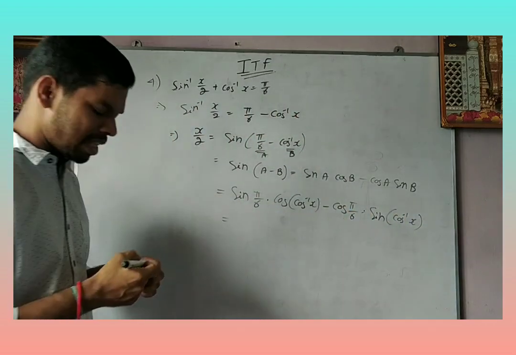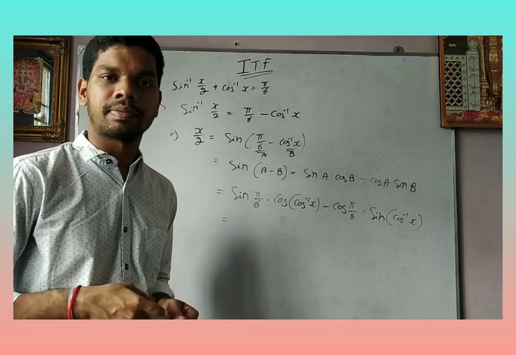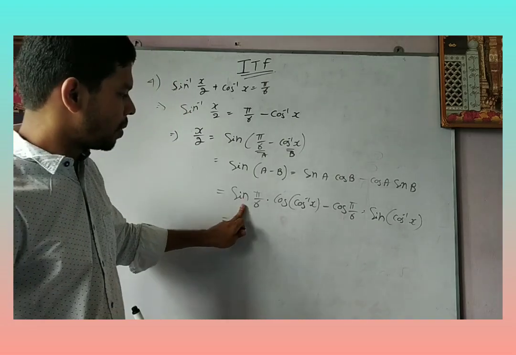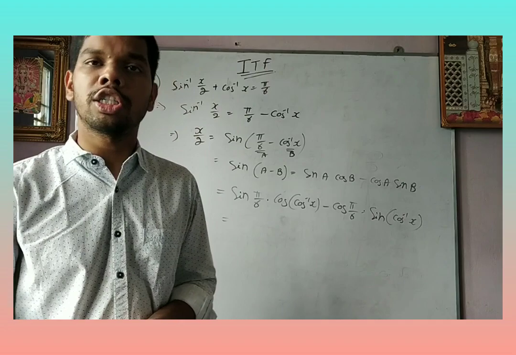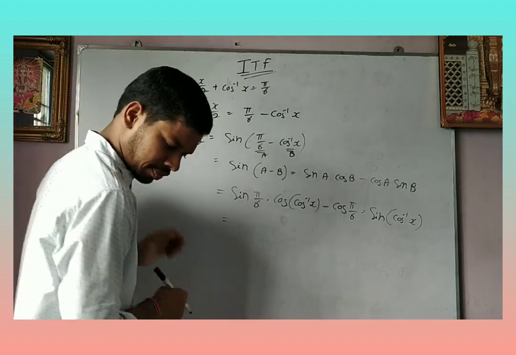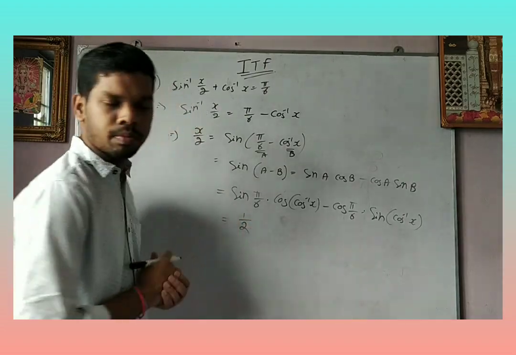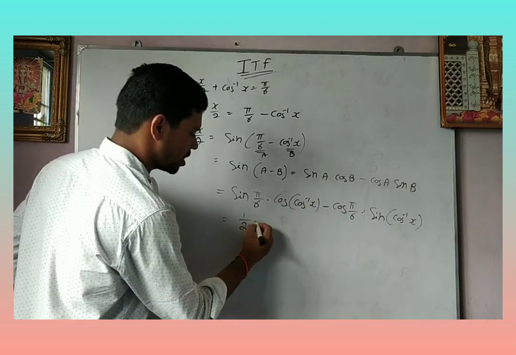Here, what is the value of sin pi by 6? Put the value of sin pi by 6 and the value of cos pi by 6. This is 1 by 2. Cos of cos inverse x is x.